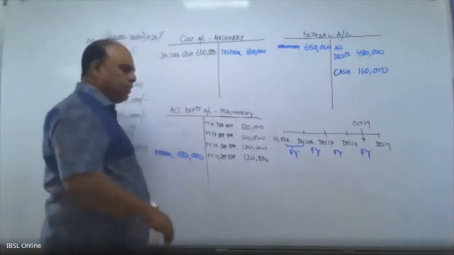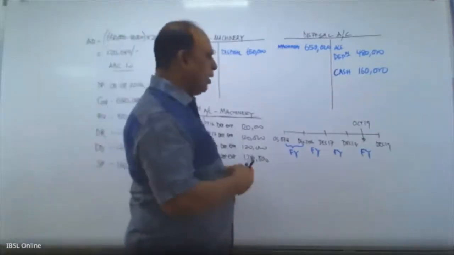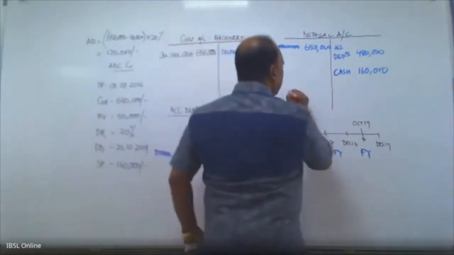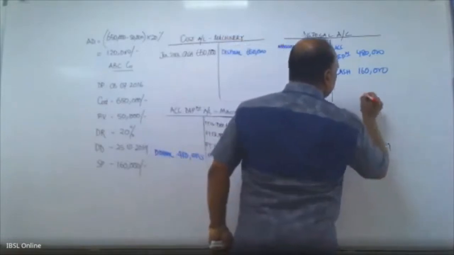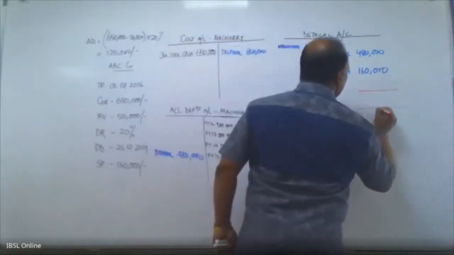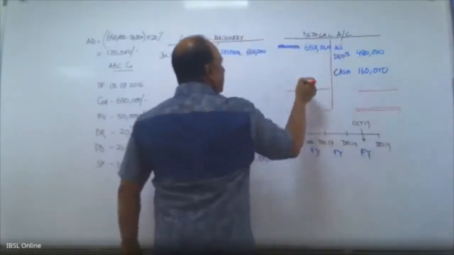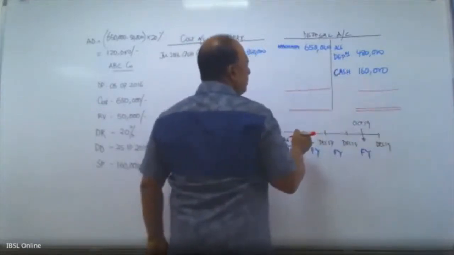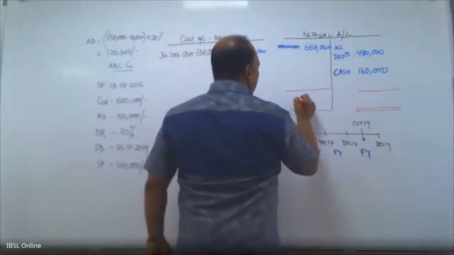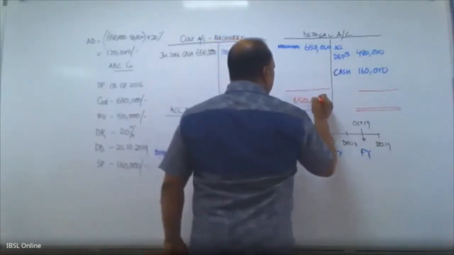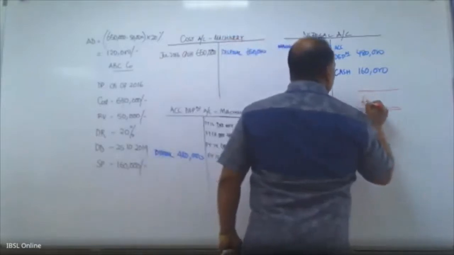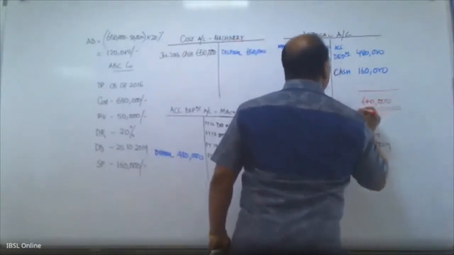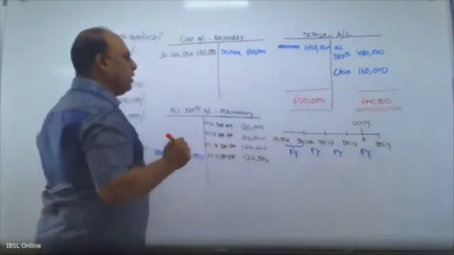So we have come up with the disposal transactions. Now it's a matter of balancing the disposal account. Here 650 on this side, how much on the other? 640. So 650 is higher. On this side, 640.